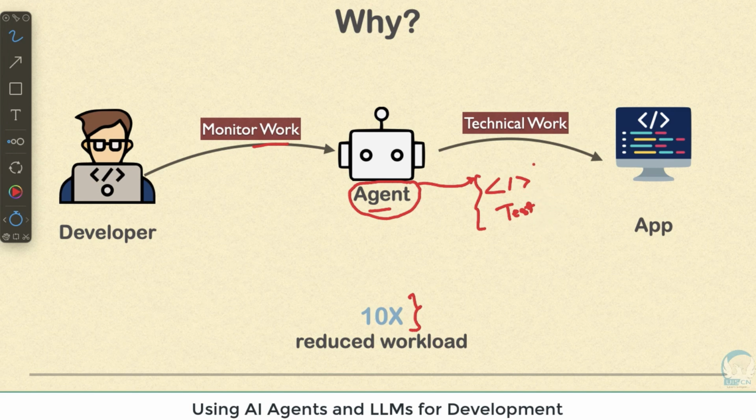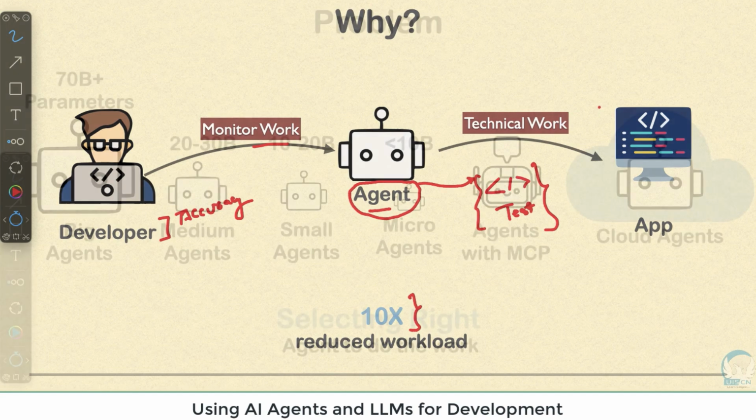All that can now be outsourced to the AI agents, and the developers will basically be monitoring the work the AI agents do. And as a developer, your job is now to check the accuracy with which the AI agent works on the development artifacts or the code. So this is completely doable now.